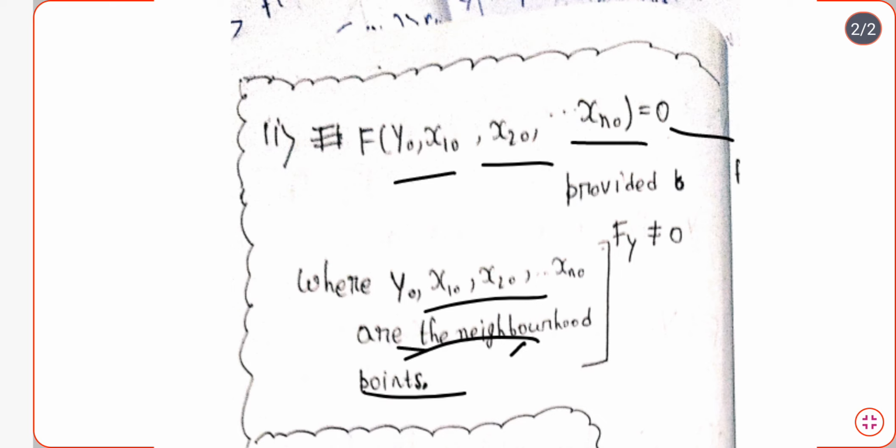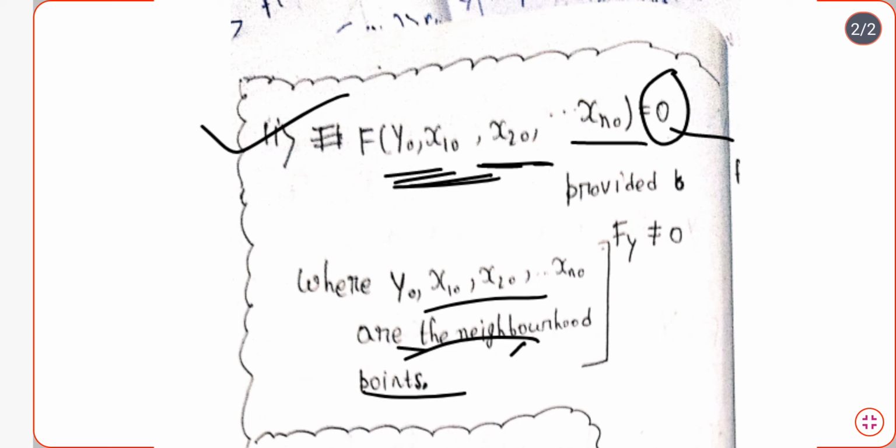I am going to make a detailed video on the neighborhood points, but if you plug the neighborhood points, denoted as y0, x10, x20 here, into the actual function, it will give you a result of 0. That is the second condition of an implicit function.